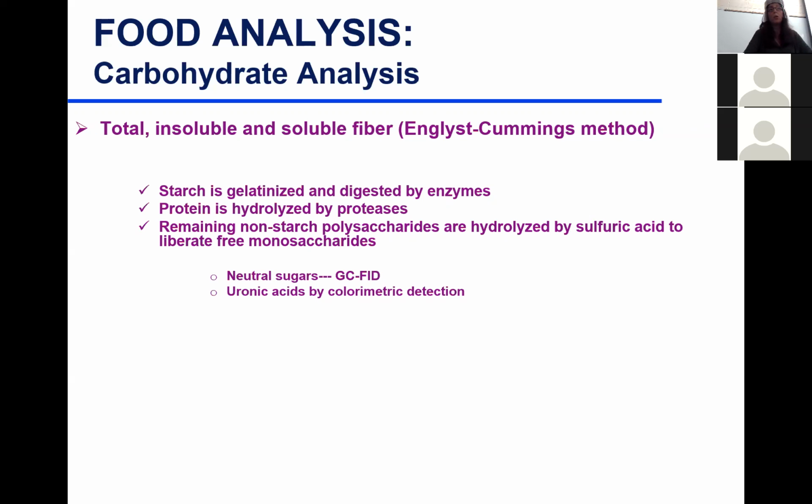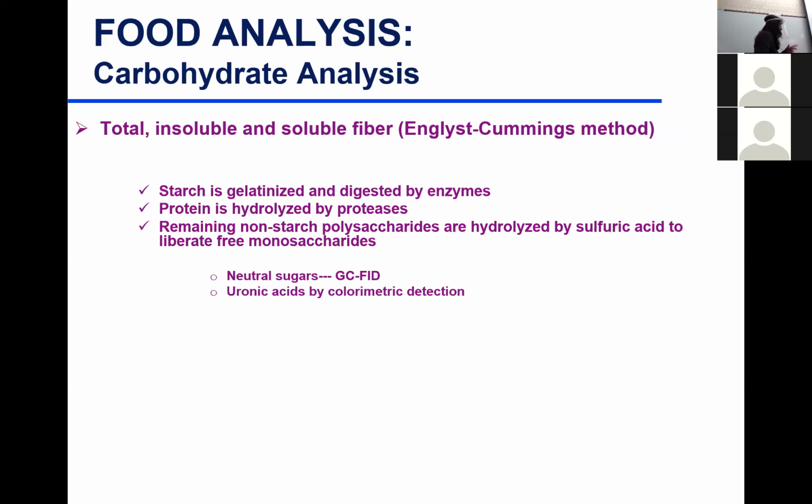In this case, the method utilizes GC-FID for all neutral sugars, and a colorimetric method to determine uronic acids, which are part of pectin. The unit of pectin, galacturonic acid, is the monomer of pectin.